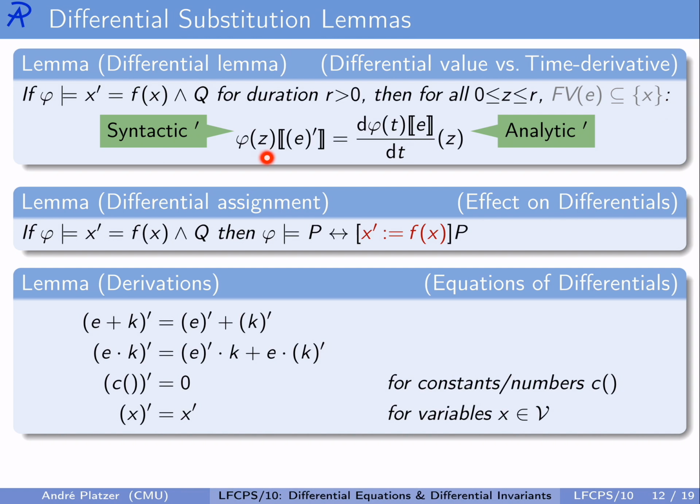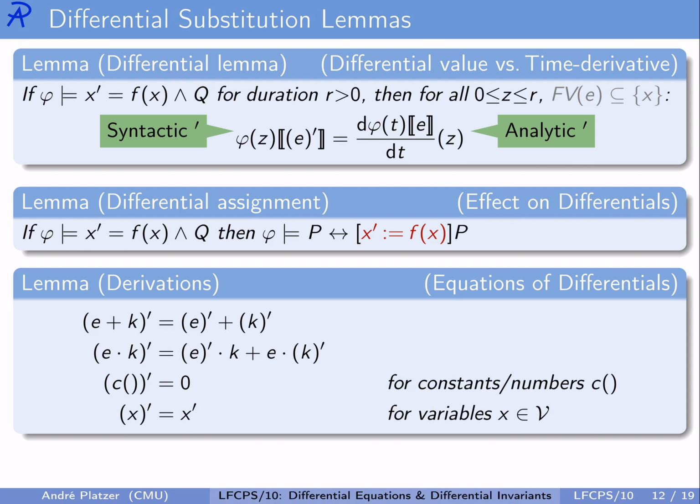at time z along this solution phi of the purely syntactic expression E prime is equal to the time derivative, which is defined because the solution is of a positive duration, at the same time z of the value that the original term E has at the time phi of t as the time t is changing.